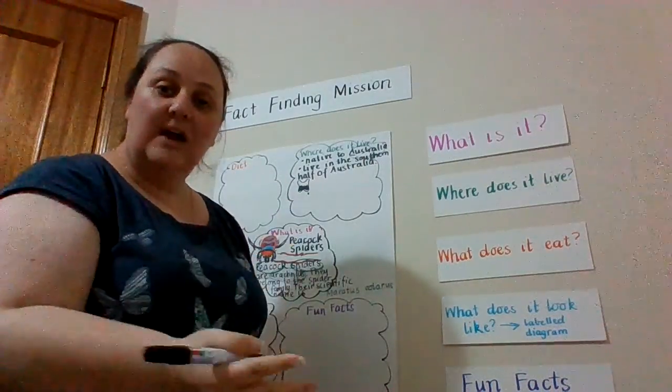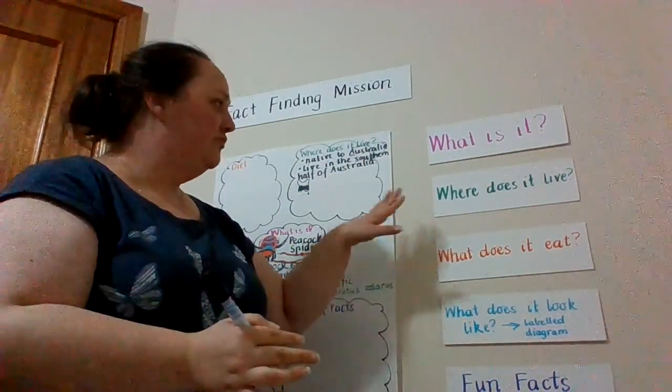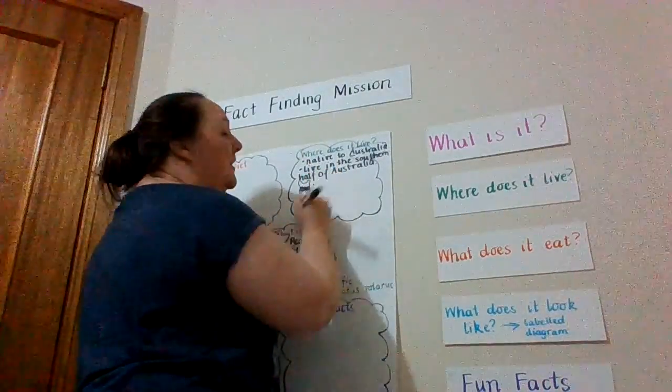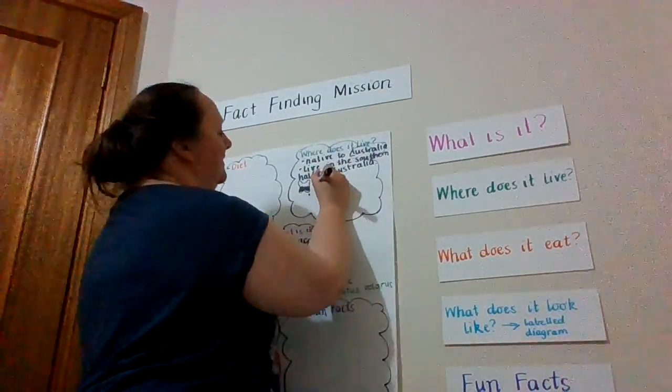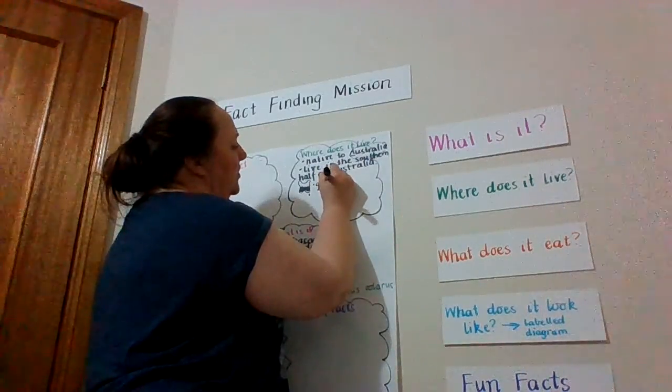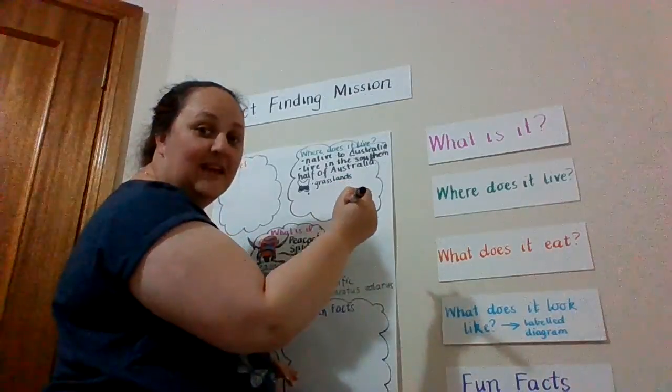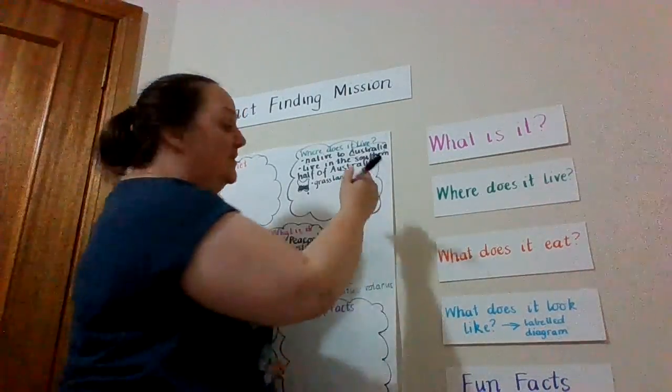Okay, so the types of habitats that they like to live in, really important that we write that down. They like to live in grasslands. They even like to live in sand dunes.